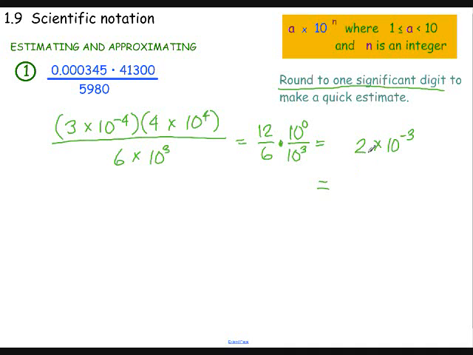So 1, 2, 3. So I'd have 0.002. I don't know what the actual answer is, but I could spend a minute to kind of estimate quickly what it should be. It's going to be some small number.